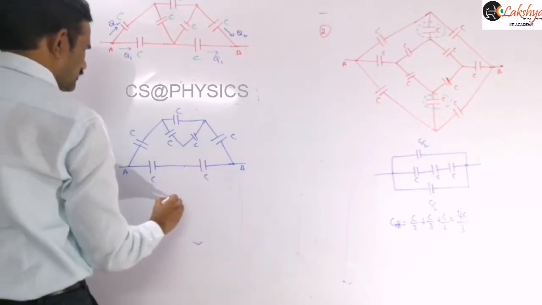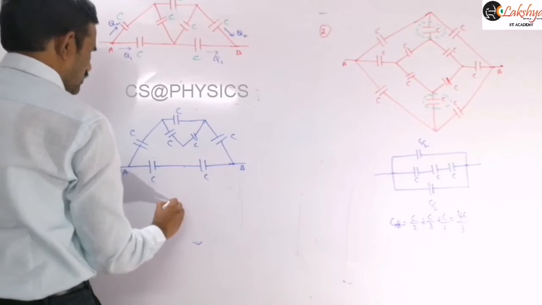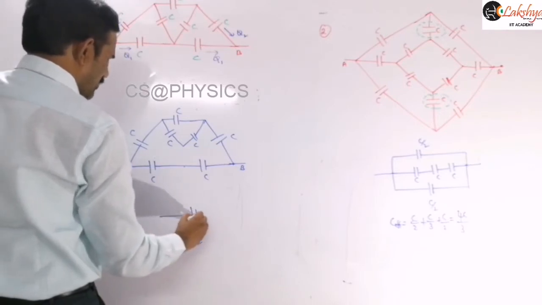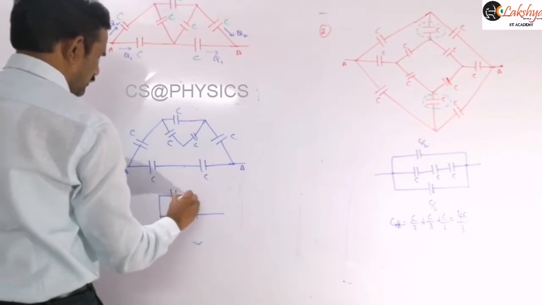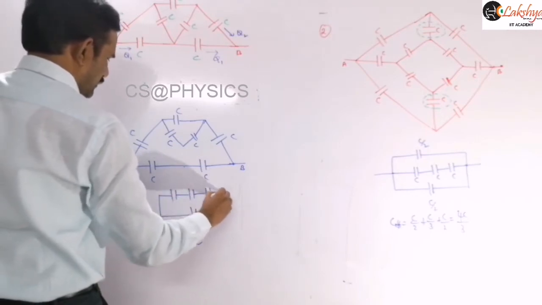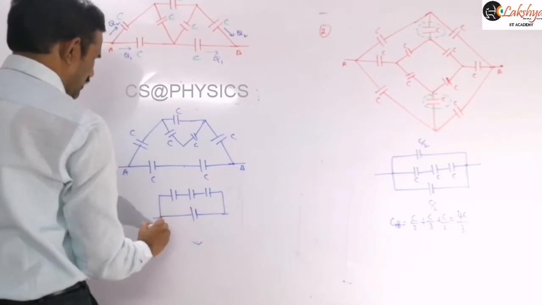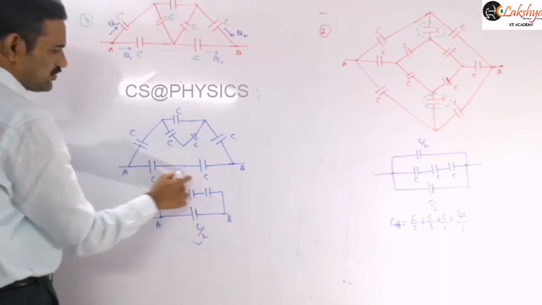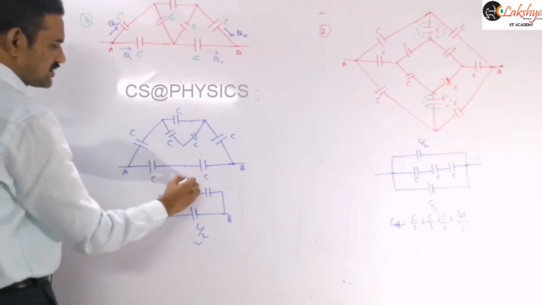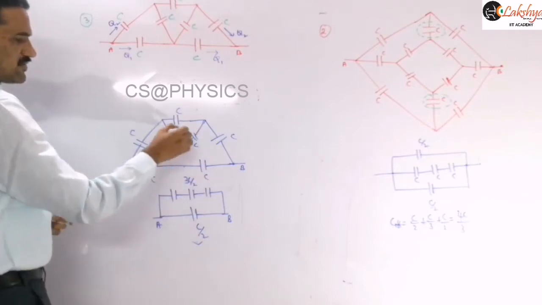So that means now the circuit will be, you can represent like this finally. So then these are our A and B points. This is C by 2, the resultant of these two, and this is 3C by 2, the resultant of these 3.